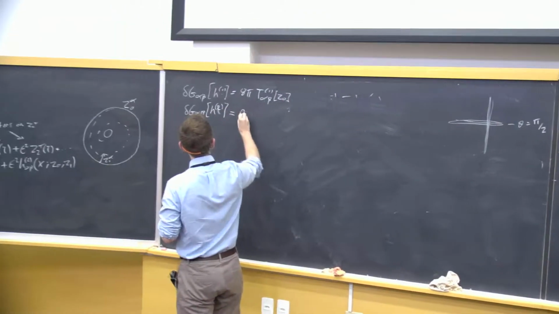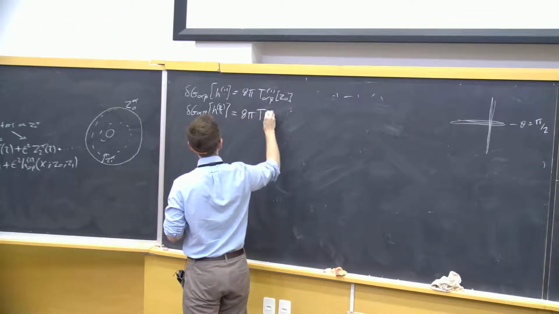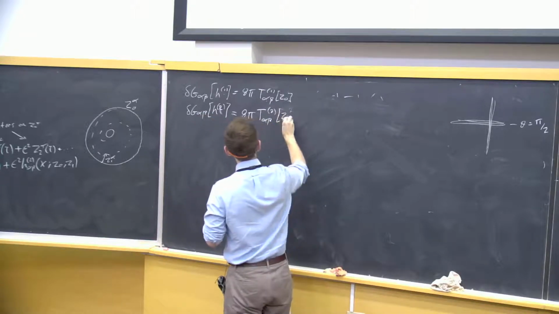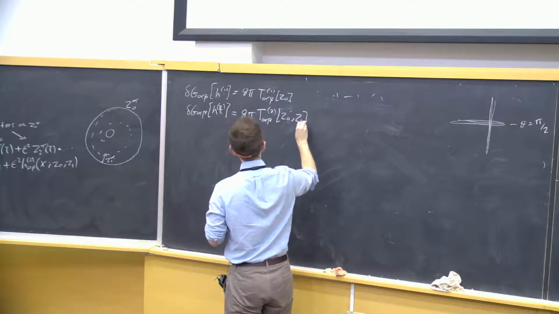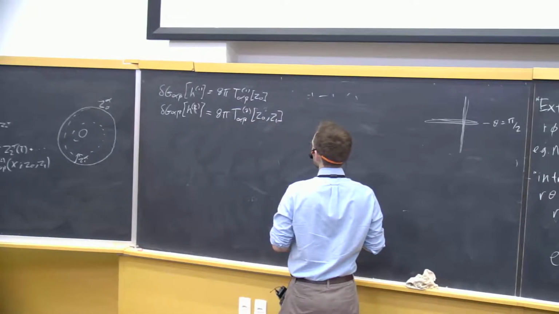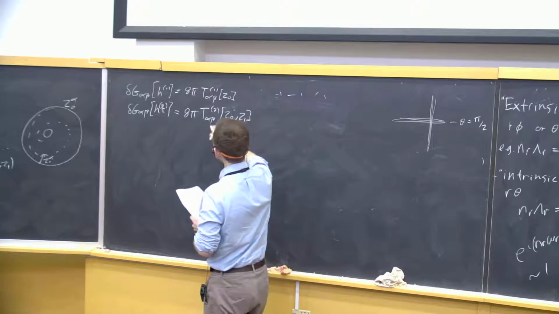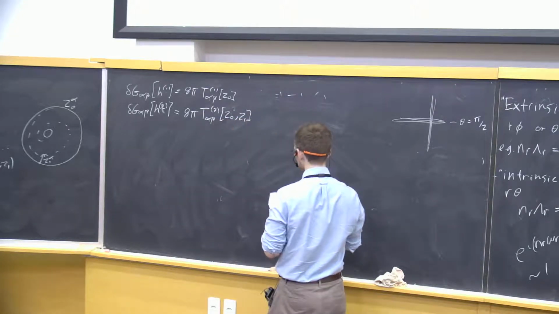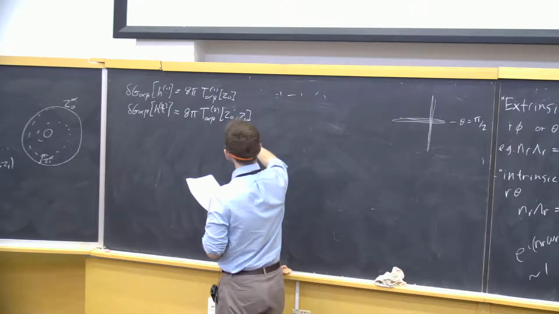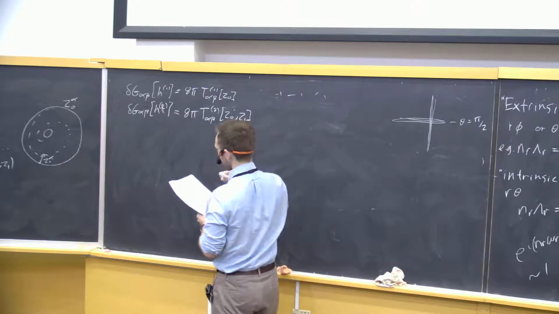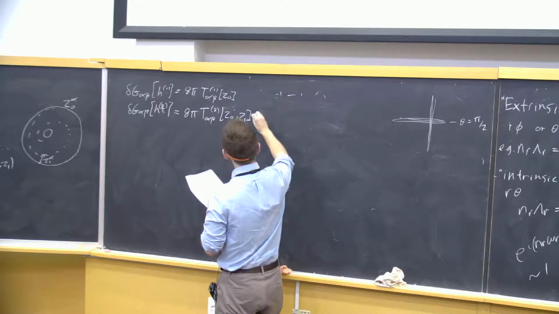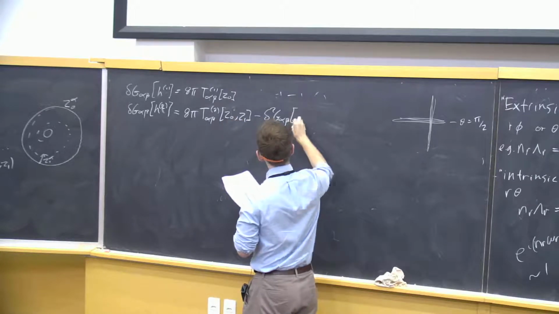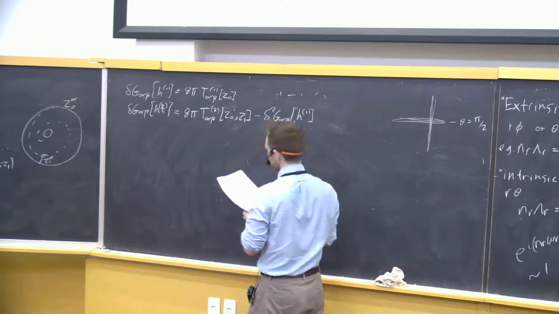This is 8 pi T2 alpha beta, which depends on Z0 and Z1. As I'll describe later, there actually isn't a well-defined T2 here, but you can schematically think of it this way, that Z1 starts to source the second order perturbation, and then minus the second order Einstein tensor constructed from h1.